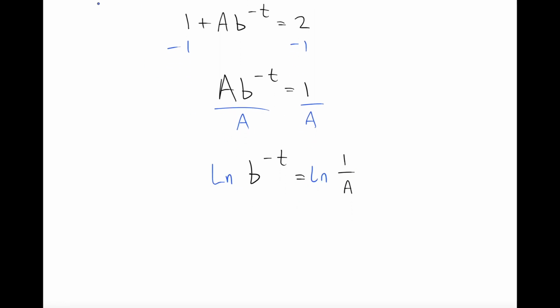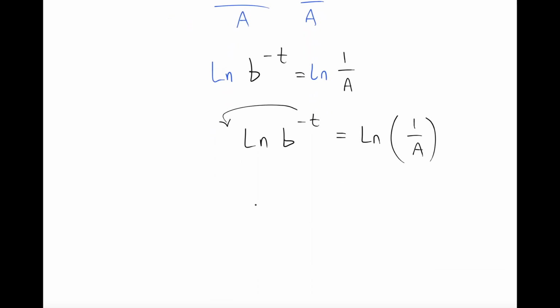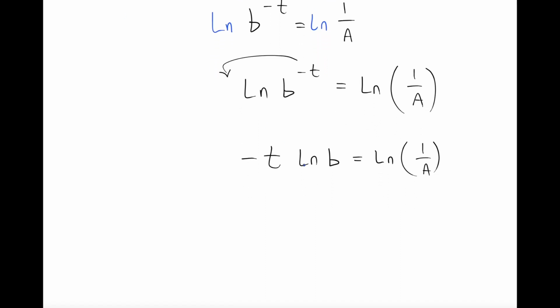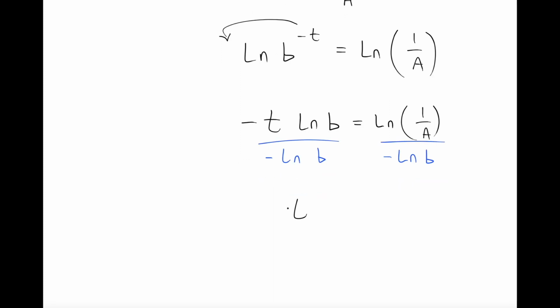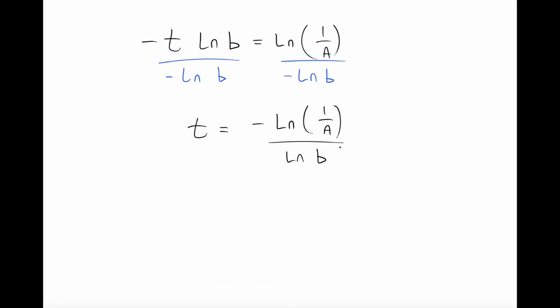Take a natural log of both sides. This allows the exponent to come down in front. And now we can divide by ln b on both sides. And we have our answer.